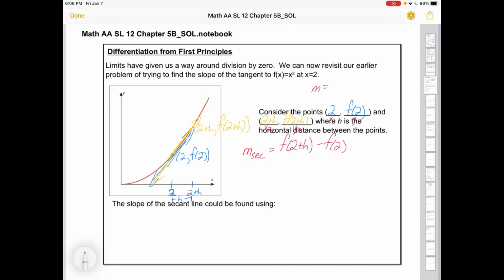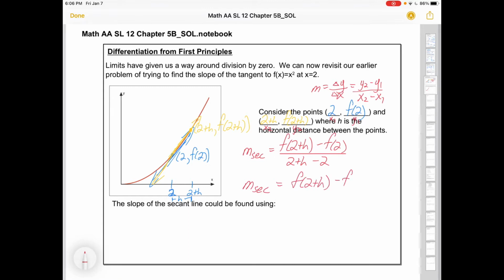We know slope is delta y over delta x, or y2 minus y1 all over x2 minus x1. So I'm just plugging in literally grade 10 slope formula. And then on the bottom, I would have x2, which is 2 plus h, minus x1, which is 2. And that simplifies a little bit. Okay.